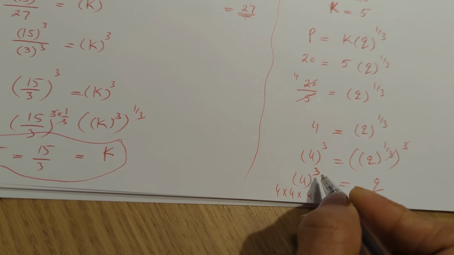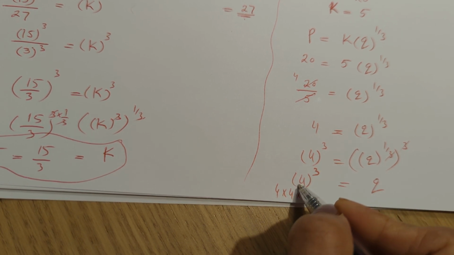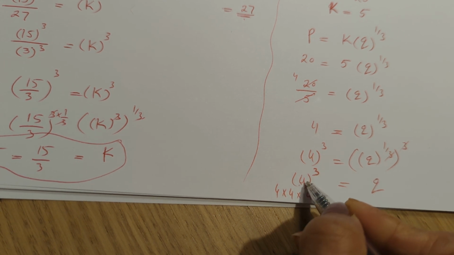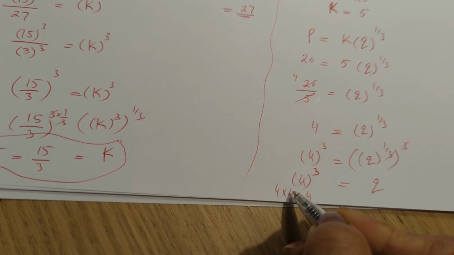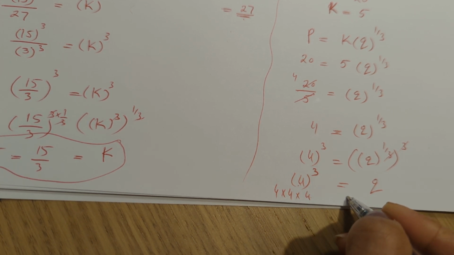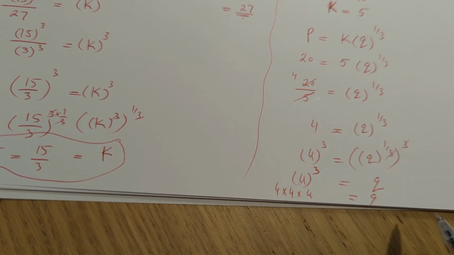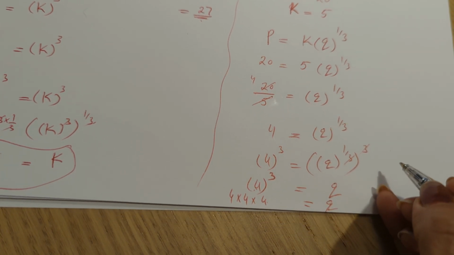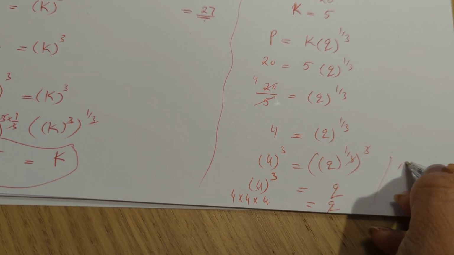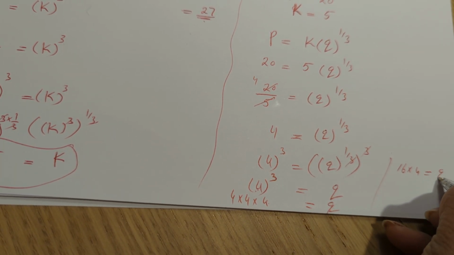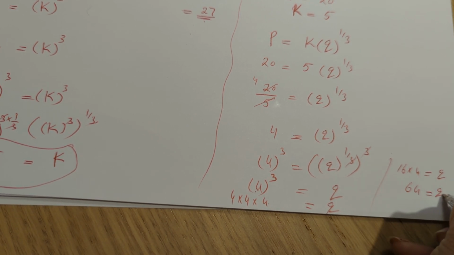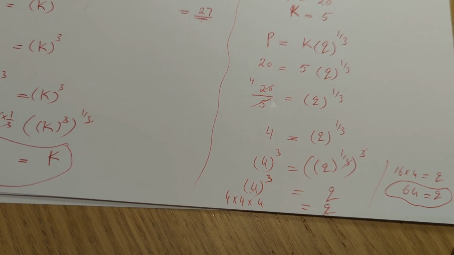This power is giving us the hint that this 4 is multiplying by itself 3 times, meaning 4 multiplied by 4 multiplied by 4. So its value will be 4 times 4 is equal to 16. 16 times 4, 64. So the answer of Q will be 64.